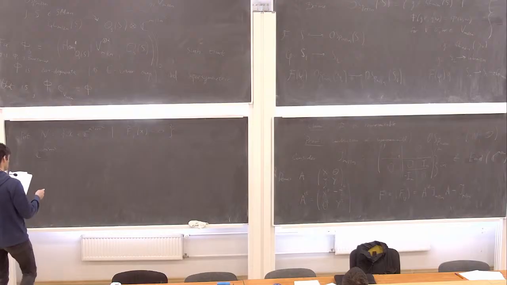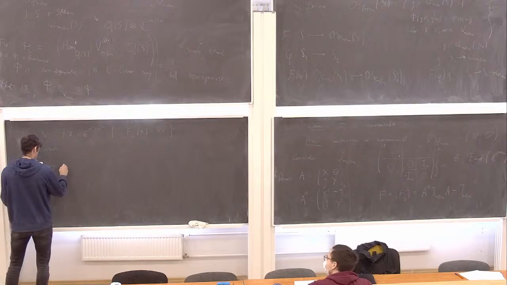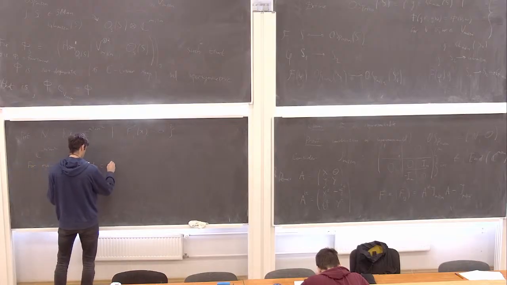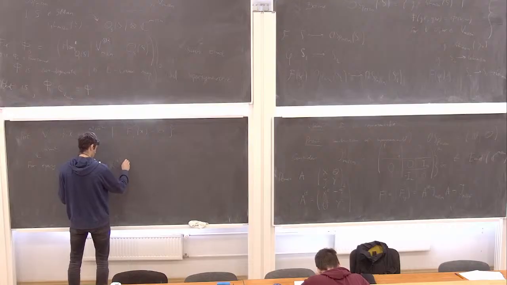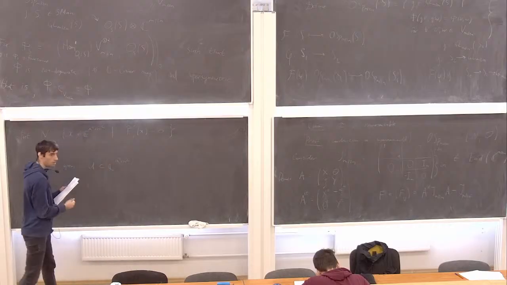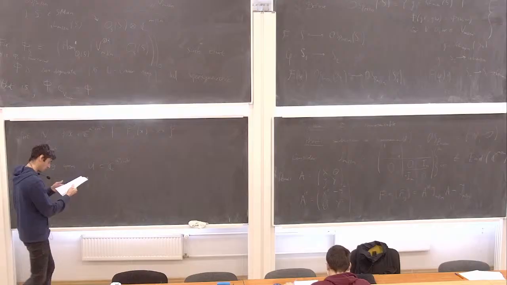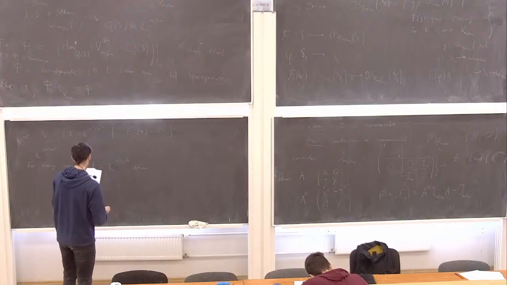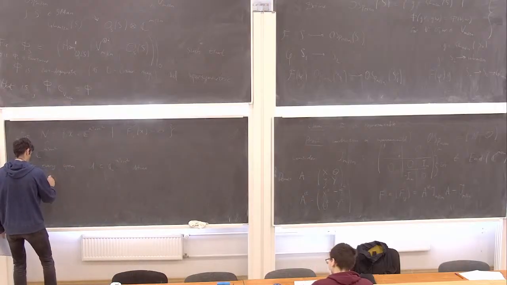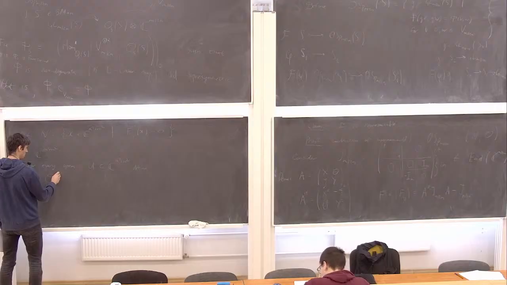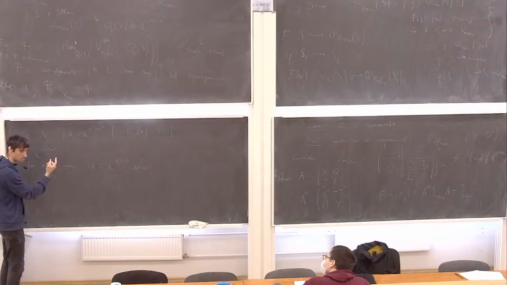So for every open U inside R m square plus n square, again C, we define, well, I need this structure sheaf, right, should be on n, and the topology on n is the subspace topology, right?